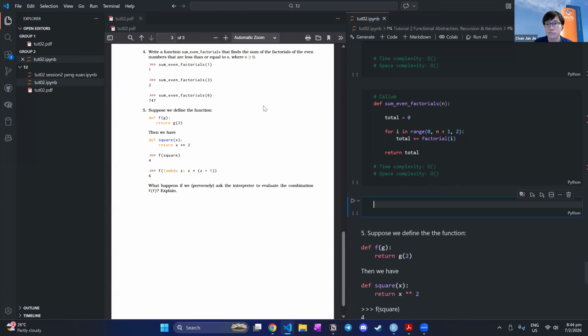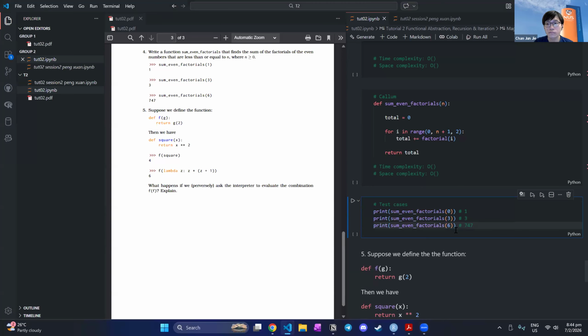So start at 0, then you stop at n plus 1 because you actually want to stop at n, right? Then after that you step by 2 because you want to find the even numbers only. Then after that, total equals total plus factorial. That will add up all the even factorials. Then yeah, that's it. Right, thank you.